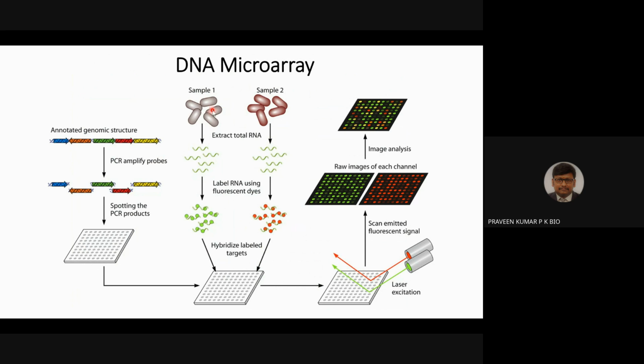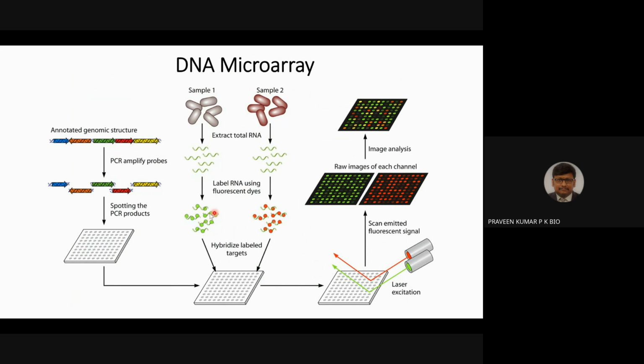We generally take RNA as the sample from the cells. Whatever RNA you take from the cells, the mRNA, we convert it into cDNA through reverse transcription techniques. After converting RNA to cDNA, we label it with fluorescent dyes like Cy3 green and Cy5 red.